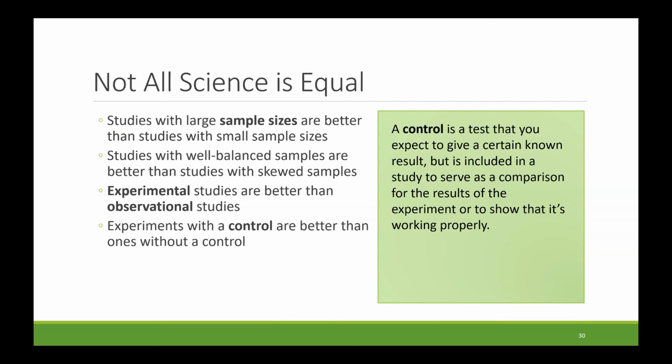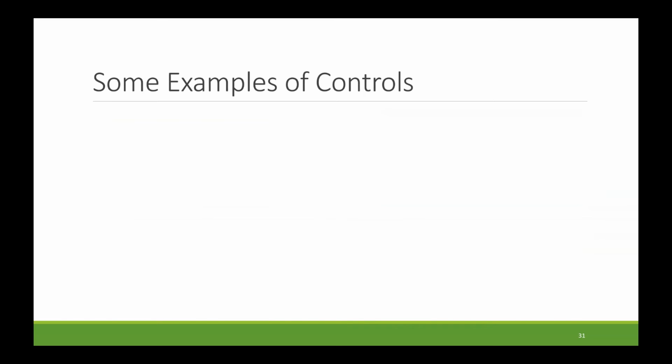When we're looking at human studies, the control group is often referred to as a term that you might be more familiar with, the placebo group. So when a study is experimental, it's important that a control is incorporated into that experiment. Let's see what that looks like in a few different situations.